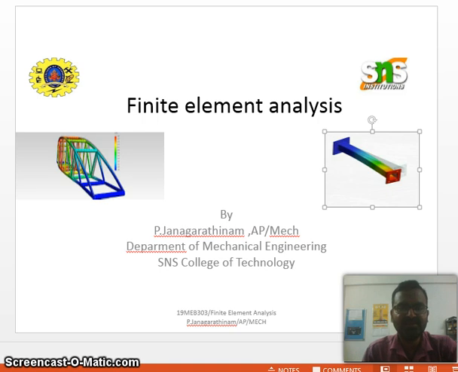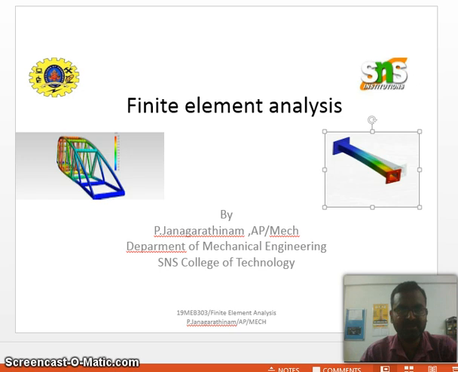Generally, finite element analysis is a numerical approach which is used to solve structural, thermal and other fluid problems. And we analyze those problems by using ANSYS and the different types of software that are available.